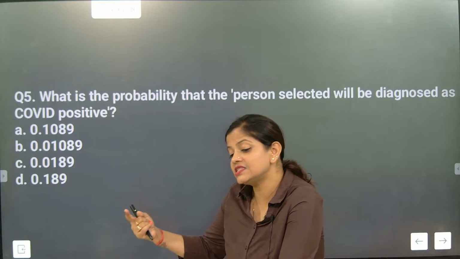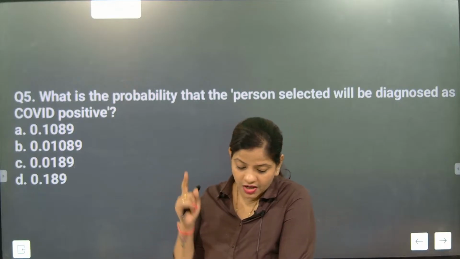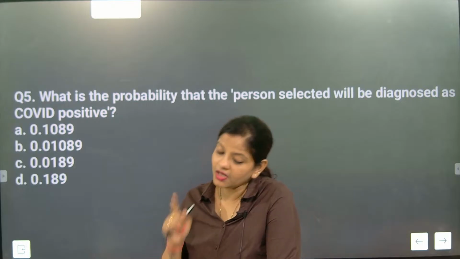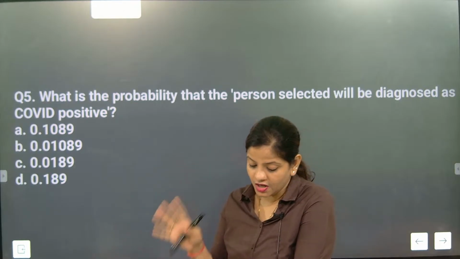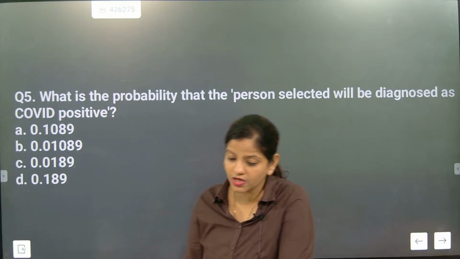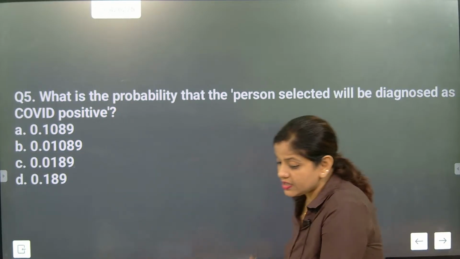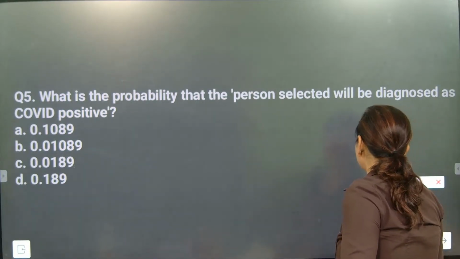Diagnosed as COVID positive, because in the diagnosis, do you remember, 90% you are checking? In that 90%, only 0.1% is coming positive. And in the 99% you are checking, only 1% is coming positive. So that part is very, very critical here. You have to check total probability.